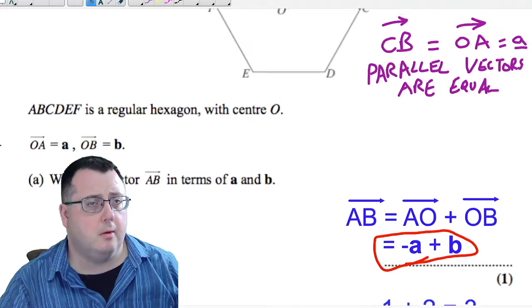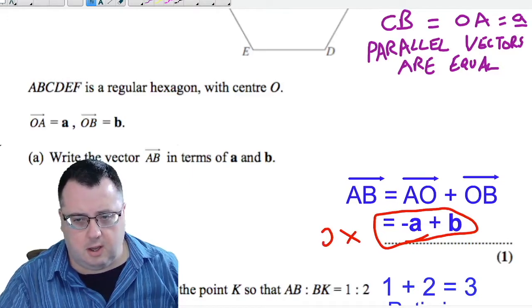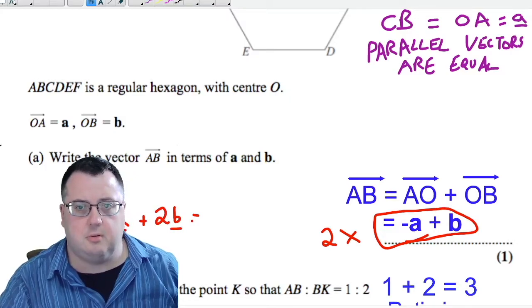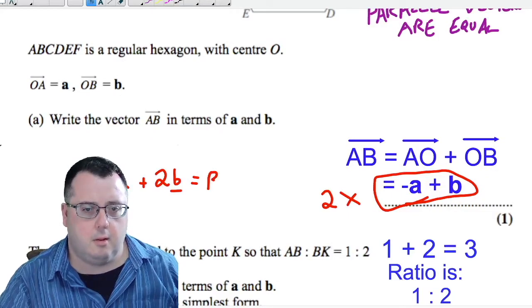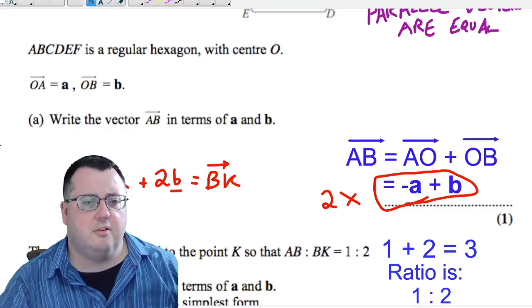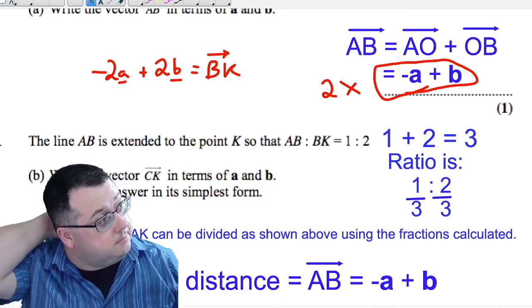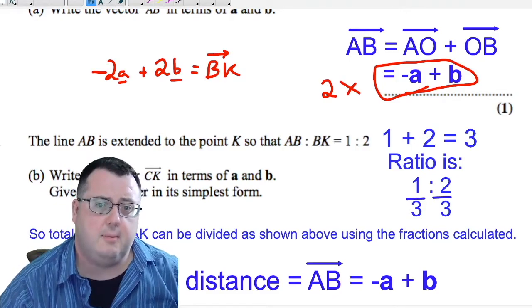So if I double that, I'm going to get negative 2A plus 2B, and that equals the missing distance BK. If you can spot that, the rest of this becomes quite simple. Good, so we've run out of time here.